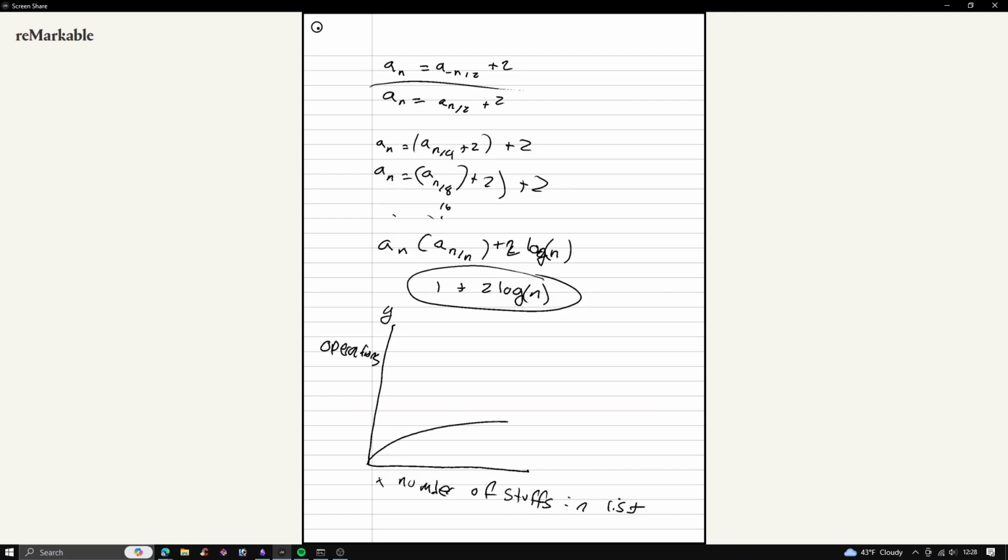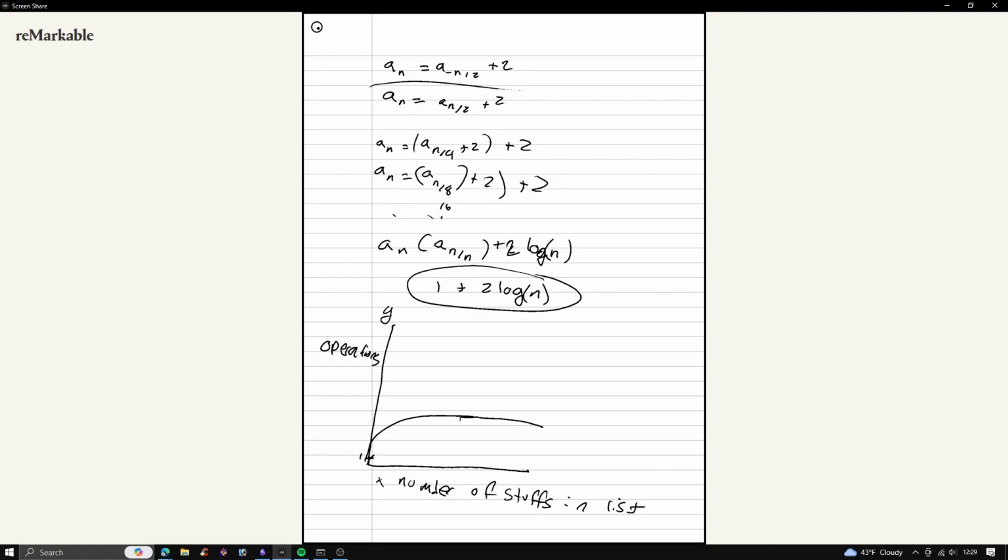So it goes like this, because it's 2 log plus 1. So let's say 1's right here. And it's probably a steeper curve, but that's irrelevant, it just curves out. Why does it do this?